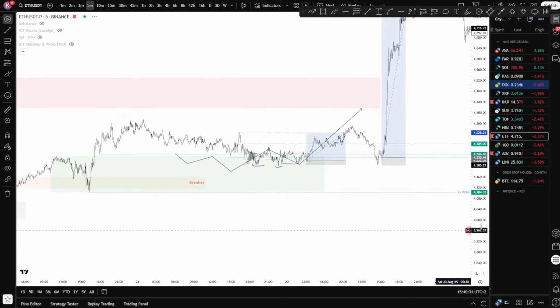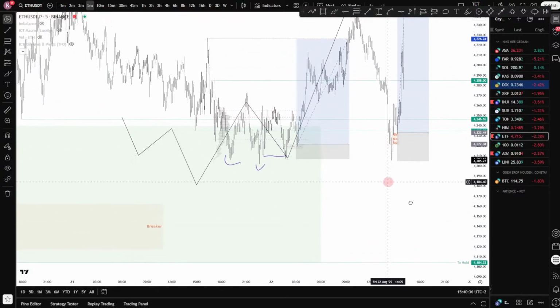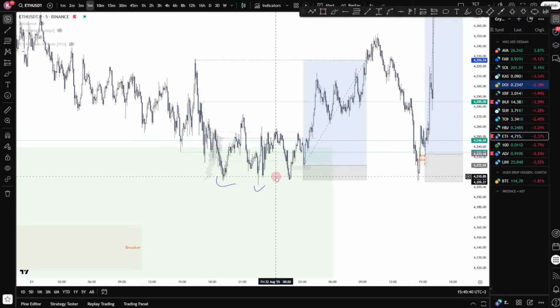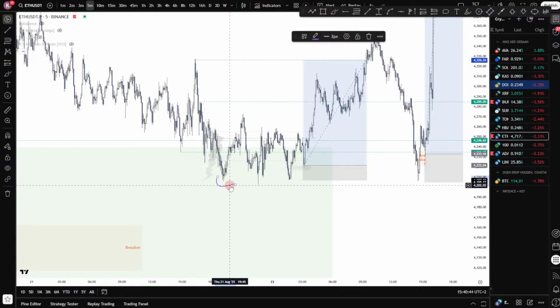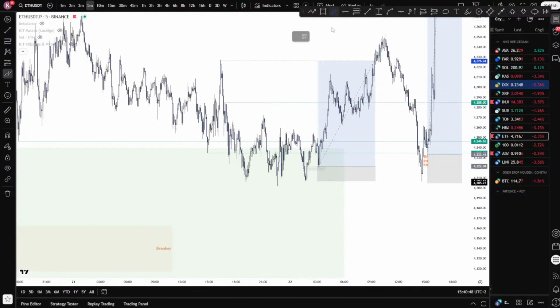Check it out. This was the play for me, or at least it should have been. Because what have we done here? Bottoms like these, when we keep taking out the lows, till then you hold your lows, but also grab an extreme liquidity.